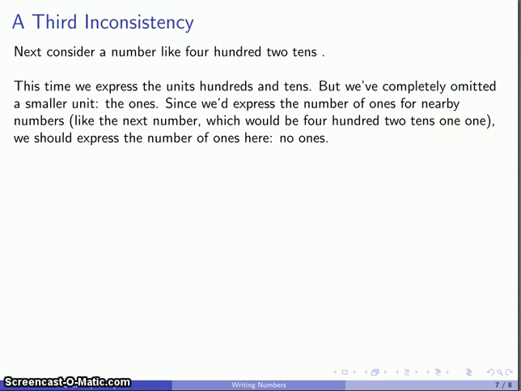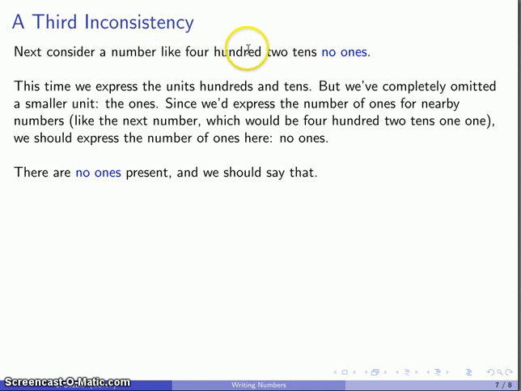Nearby numbers have the ones expressed, so we should do the same here, with a phrase indicating that there are no ones present. So we might describe our number as 4 hundreds, 2 tens, no ones.